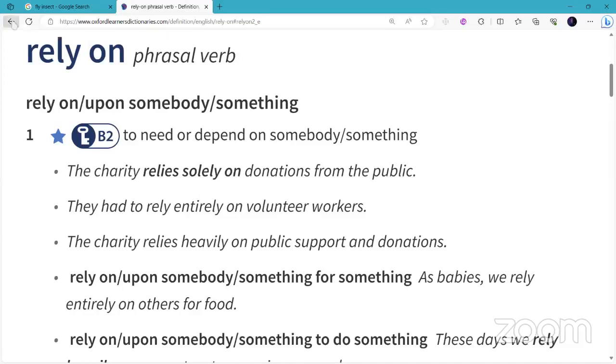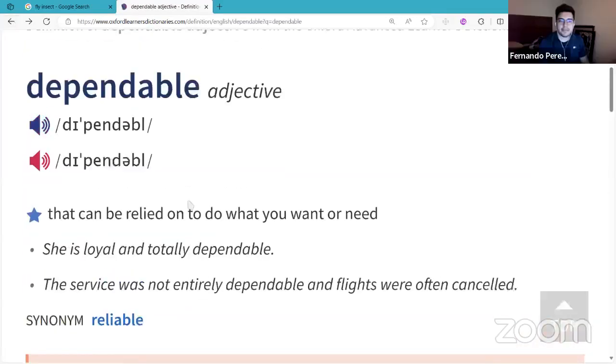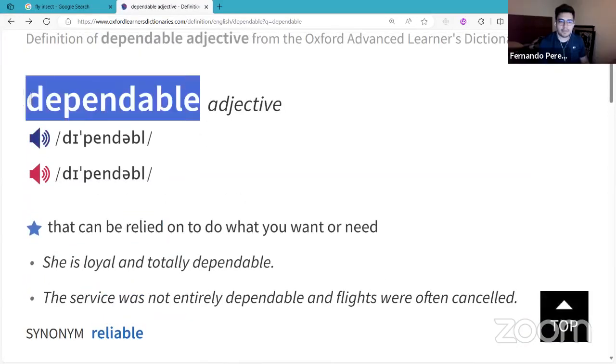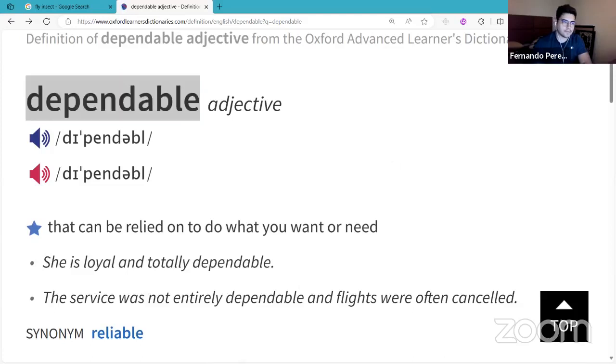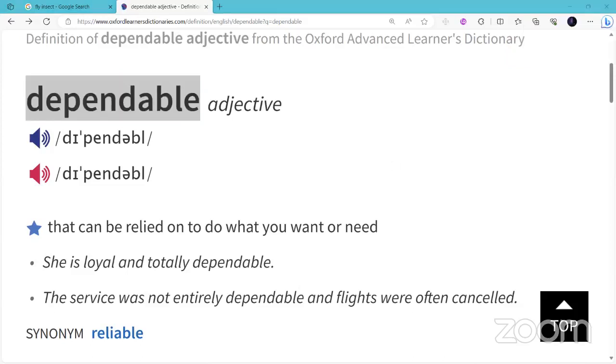That's the reason we have this word dependable: the dependable person can be relied on. This is passive voice. Can be relied on.